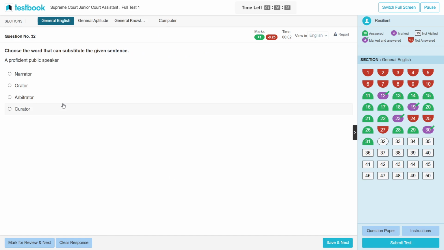A proficient public speaker: orator. To accept or allow behaving that is wrong. Of a government or other authority to not allow something. Not allow.